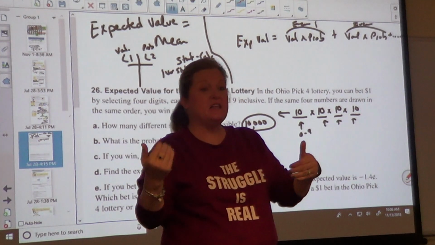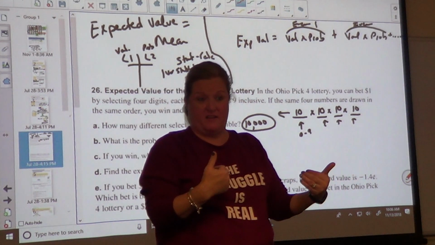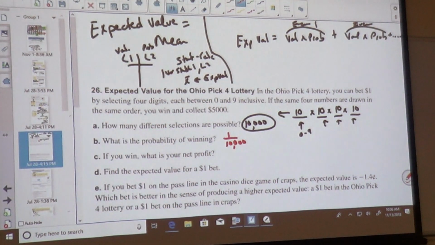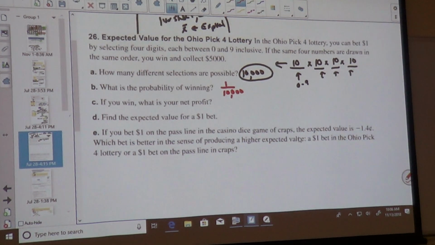He was doing probability of winning and not the odds of winning. That's why he's a radio broadcaster and not a math teacher. Okay, if you win, what is your net profit? Now, net profit means what do you bring home?